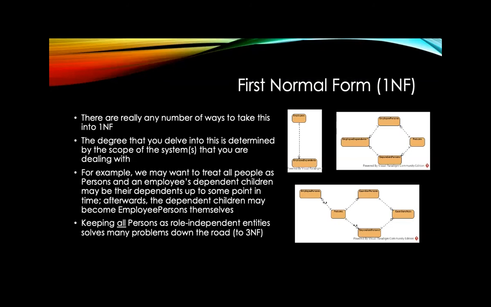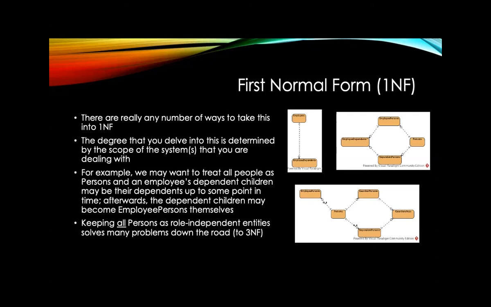I'm not just tracking it from the fact that it's a person and this is a dependent of a person, they're a dependent of an employee. If they change jobs and go work at another company, are my kids no longer my kids? They still are. So why would I model this using an employee ID to determine who my kids are as opposed to using a person ID?